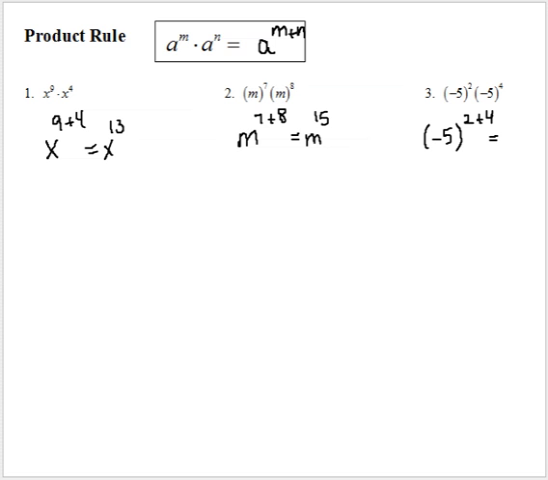Now this question is for everyone. Use your calculator and tell me what would be the answer here. Negative 5 to the power of 6. What number do you get? You have to multiply negative 5 by itself 6 times.